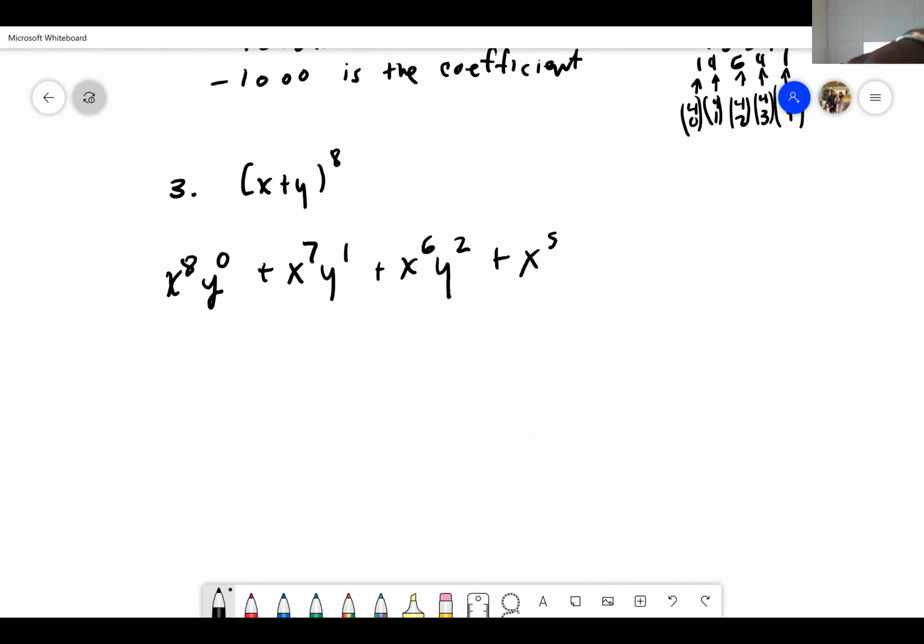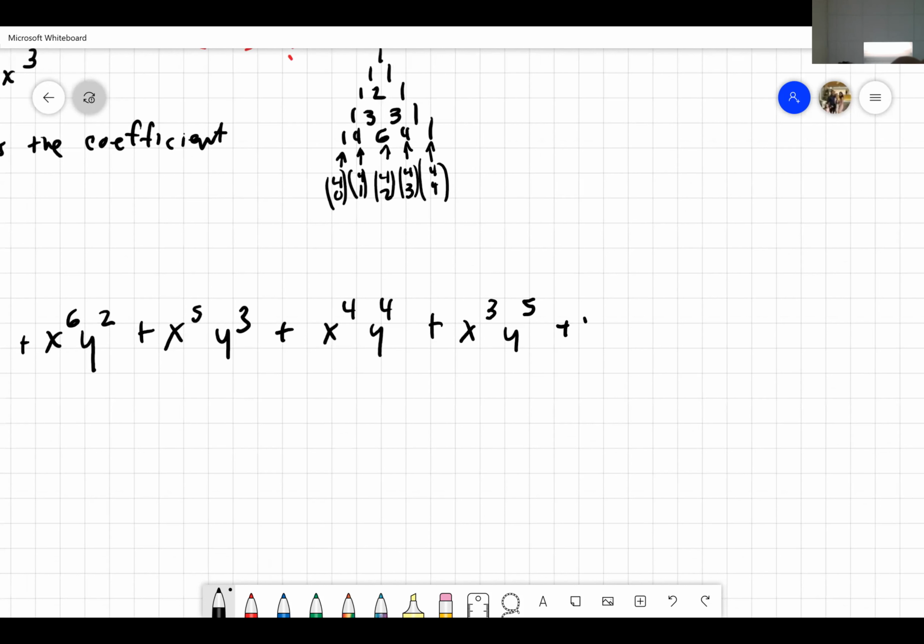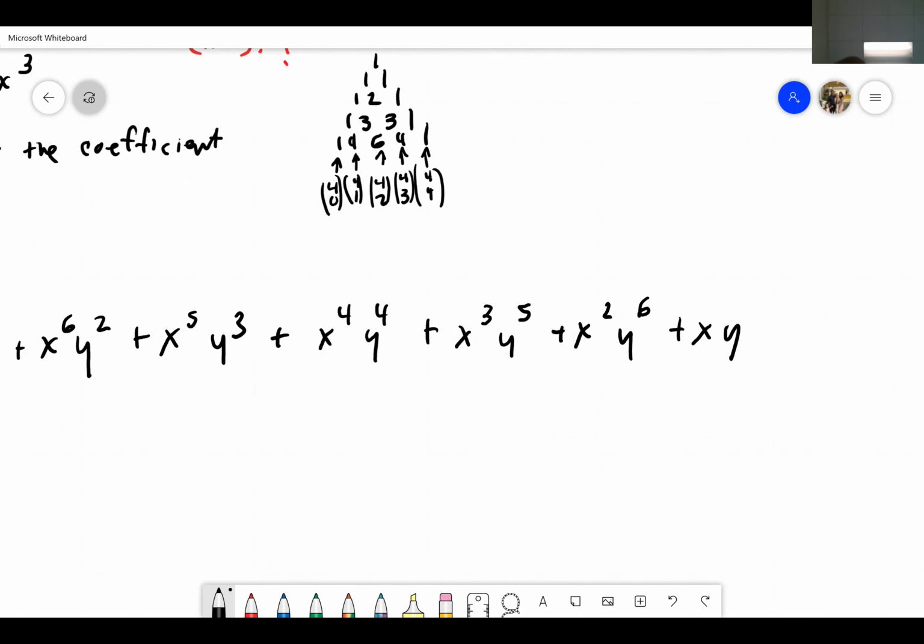While the x's go down in power, the y's go up in power, right? But we're missing the numbers that go in front.